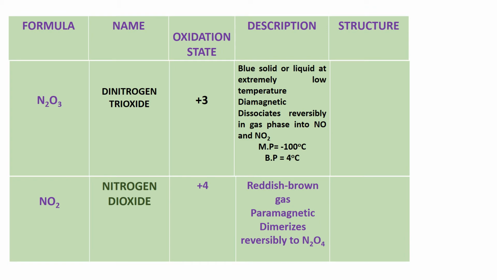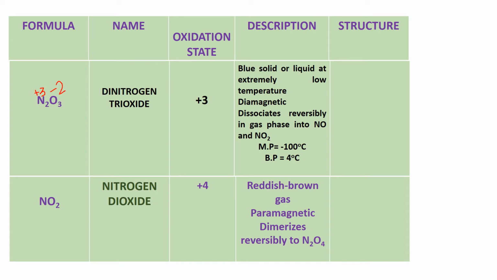Important nitrogen oxides shown here are N2O3 and NO2. First we are discussing N2O3, dinitrogen trioxide. In this molecule, oxygen shows -2 oxidation state and nitrogen shows +3 oxidation state.